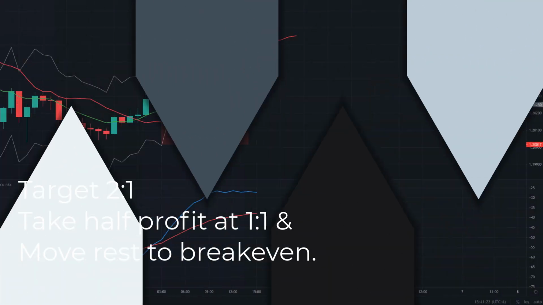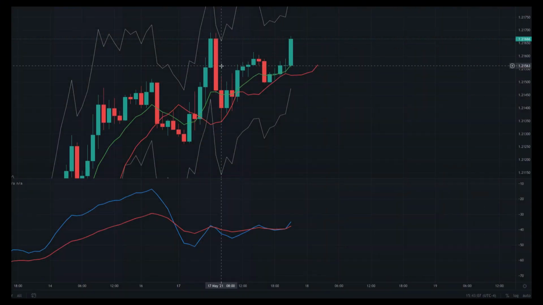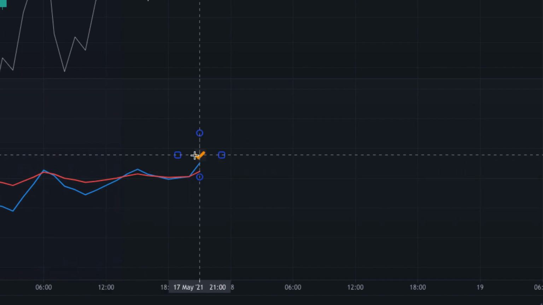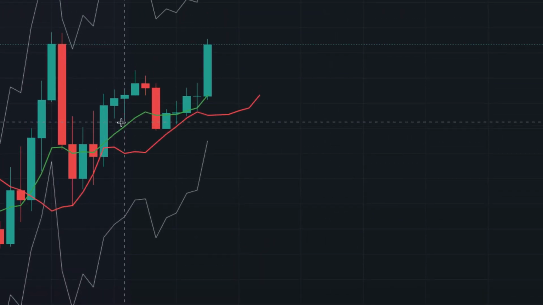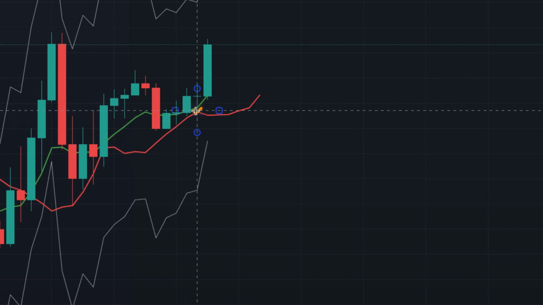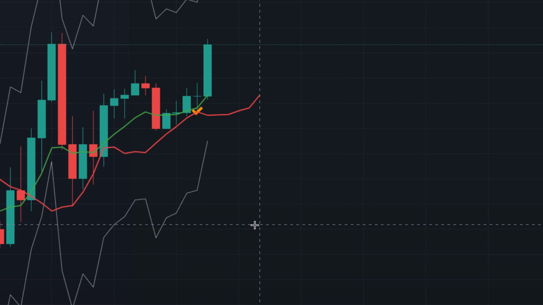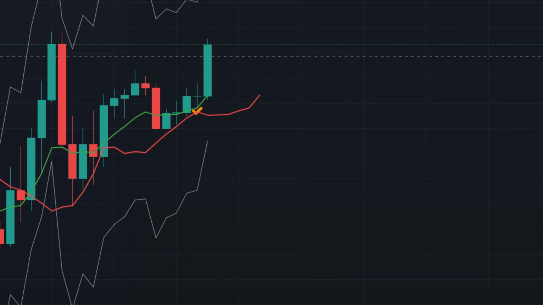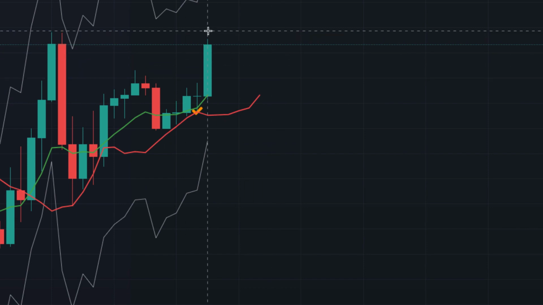And let's review another long example. And here we have another long example. We have the Williams oscillator blue line above the red. We have the green moving average above the red moving average with daylight in between. And we have price closing above the green moving average, and everything happens on this candle right here.